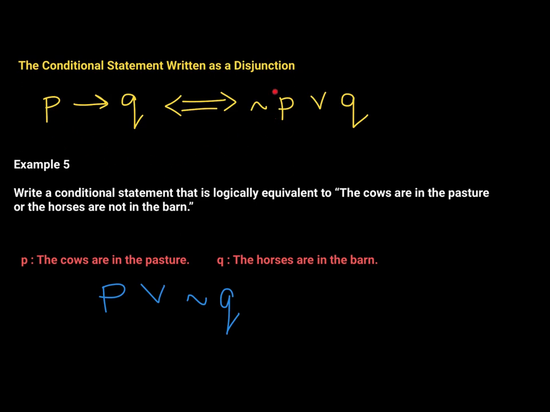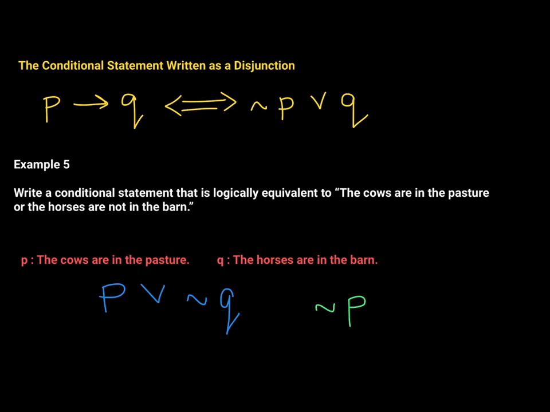The truth value of not P is the opposite of the truth value of P. So these two statements have to be opposite in truth value. But the second statement remains the same. So in order to change this disjunction to a conditional statement, I'm going to have to negate the first statement and keep this one the same. So it can be rewritten like this.